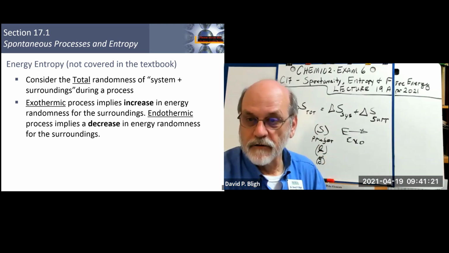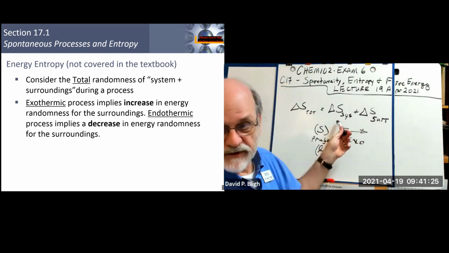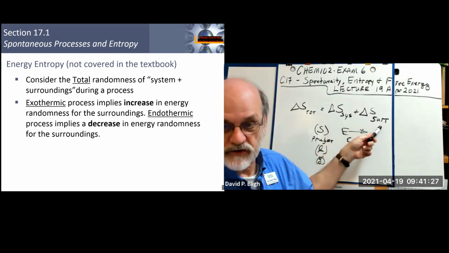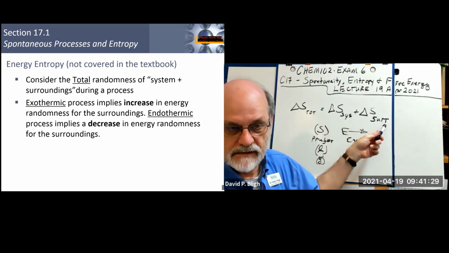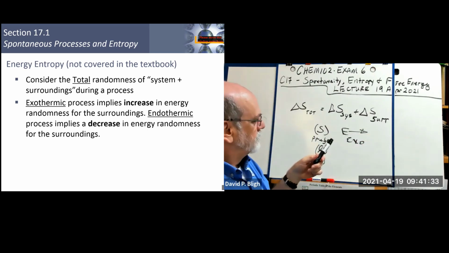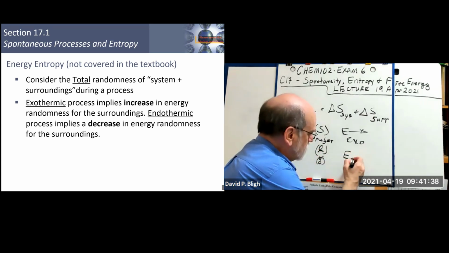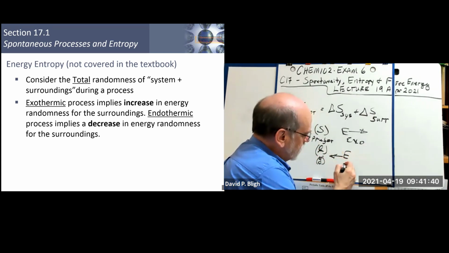All right. For an endothermic process, you're increasing the randomness of the system at the expense of the surroundings. And in that case, that would be an endothermic process going this way.